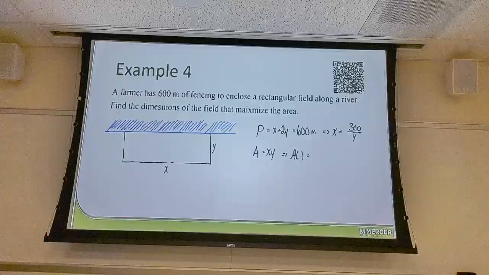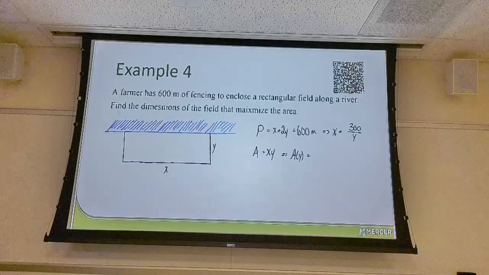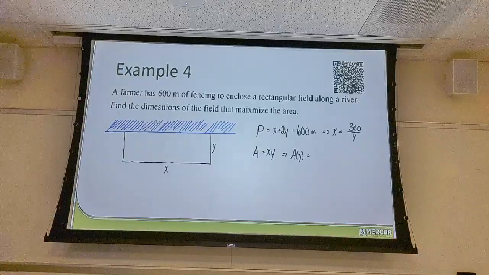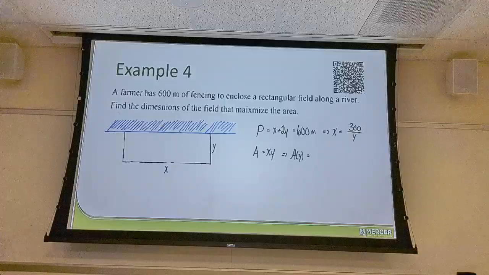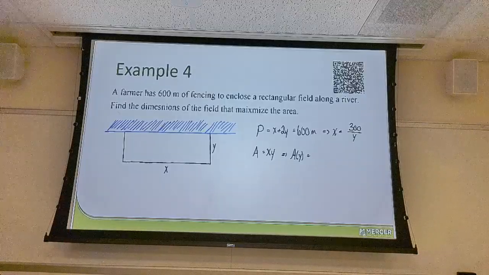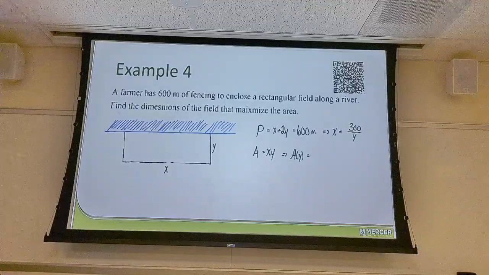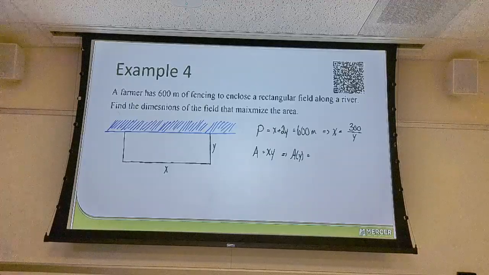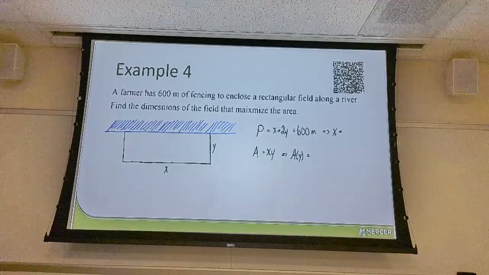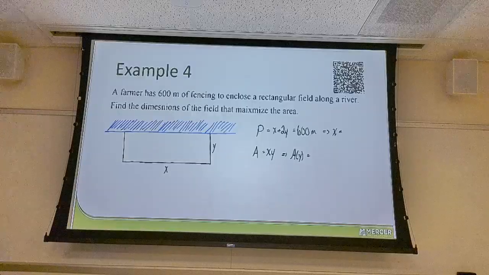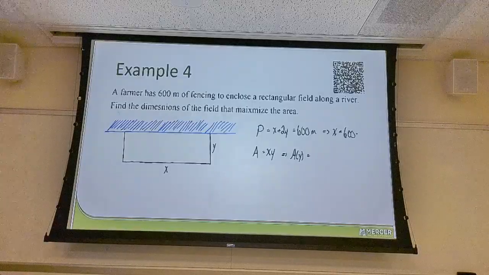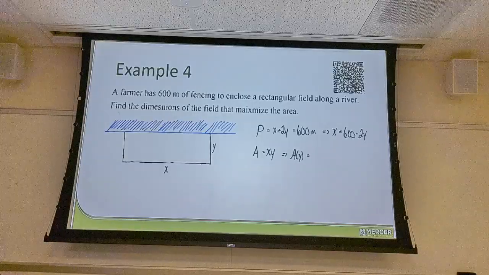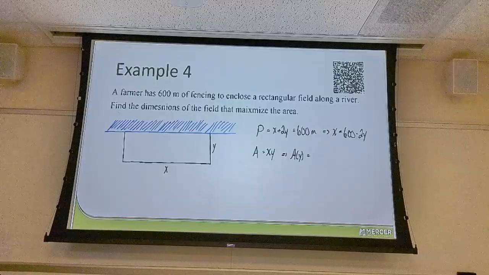That wouldn't be a function of x, that'd be a function of y. Oh, I'm sorry. Why am I dividing? Oops.